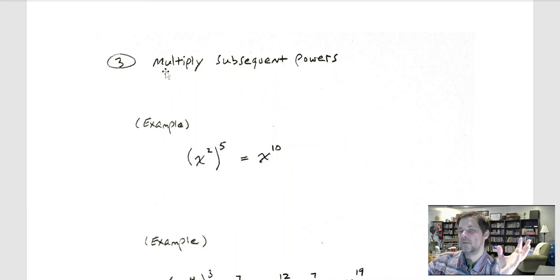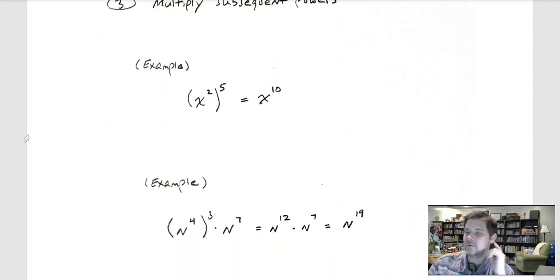So, my description for this third one is that we're going to multiply subsequently applied powers. Meaning, if I have an x, and then I raise that to the second power, and then in the next step I raise it to the 5th power, then we multiply those together. That's what I mean by subsequent powers. You know how there's an order of operations in arithmetic, and we always start with the parentheses?